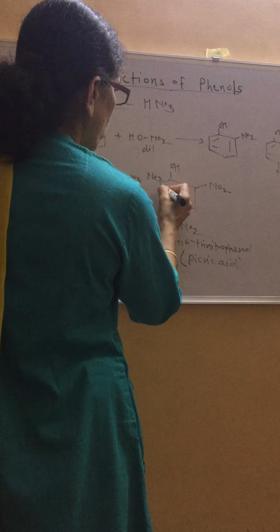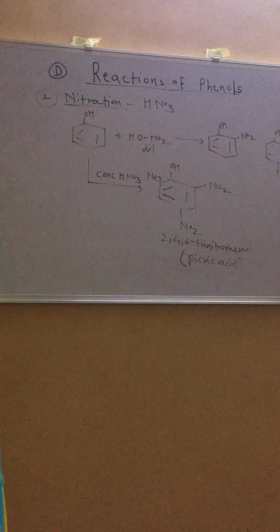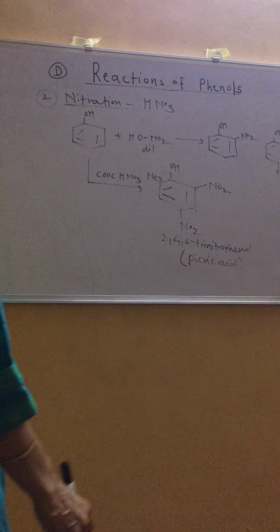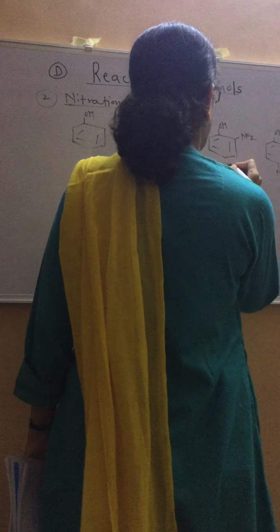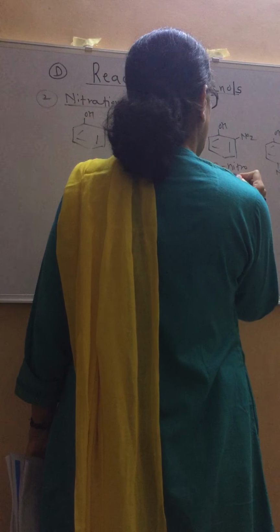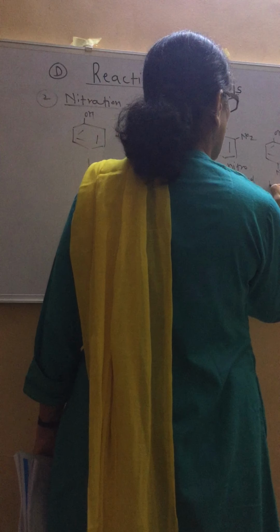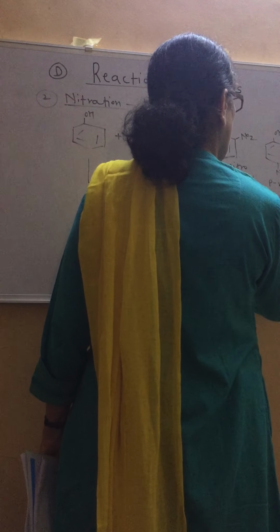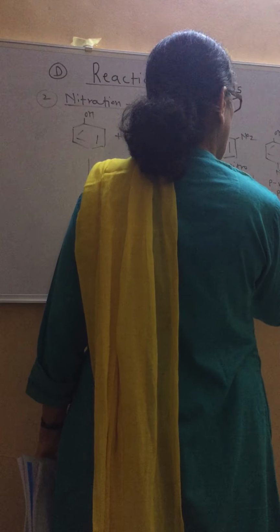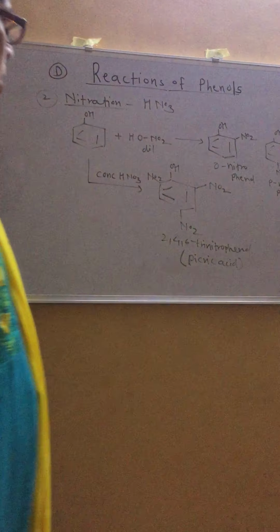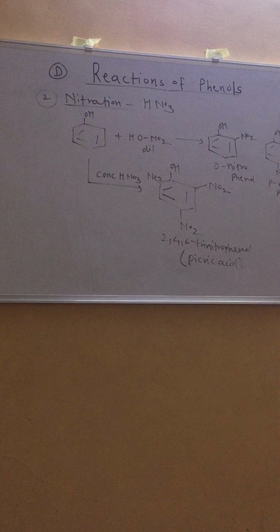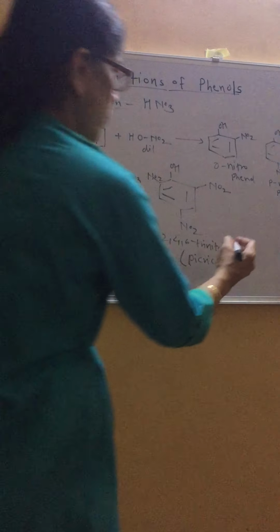So if you use dilute nitric acid, you will get a mixture of ortho and para nitrophenol, and with concentrated nitric acid, we will get 2,4,6 trinitrophenol, that is picric acid.